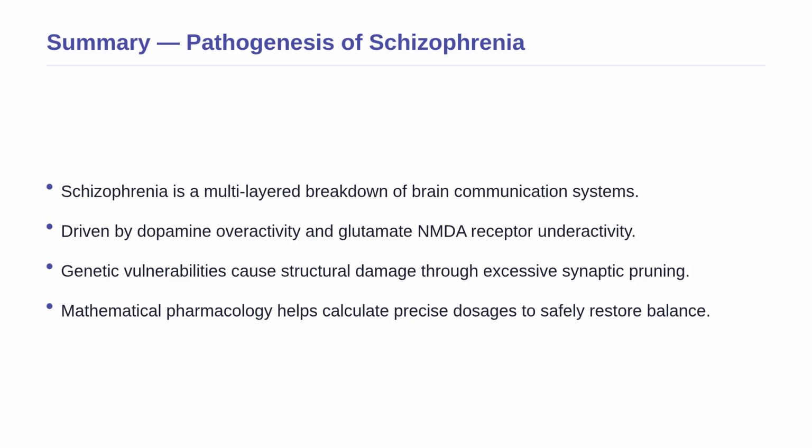Furthermore, genetic vulnerabilities lead to excessive synaptic pruning, causing permanent structural damage to neural pathways. By utilizing mathematical models like the receptor occupancy equation, modern neuroscience allows us to carefully calculate drug dosages, helping to safely restore this delicate balance and bring hope to millions of patients.